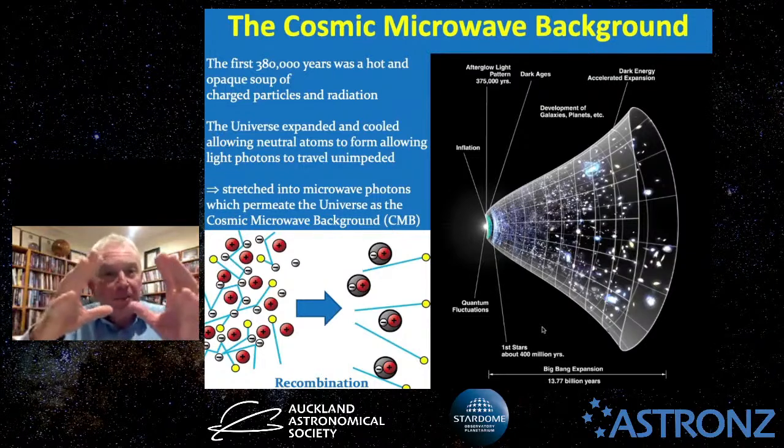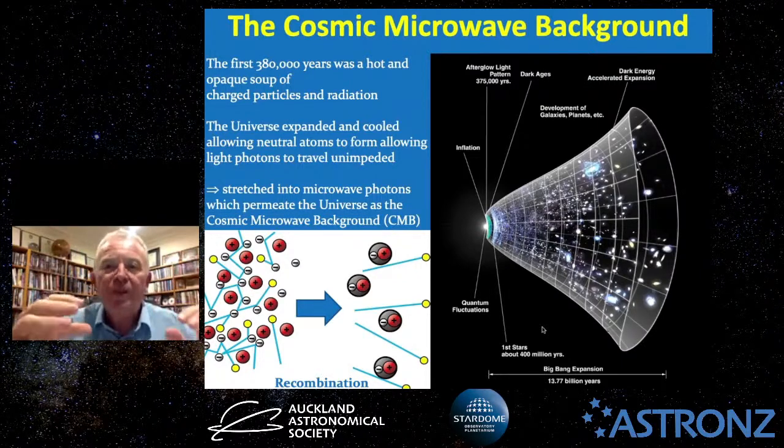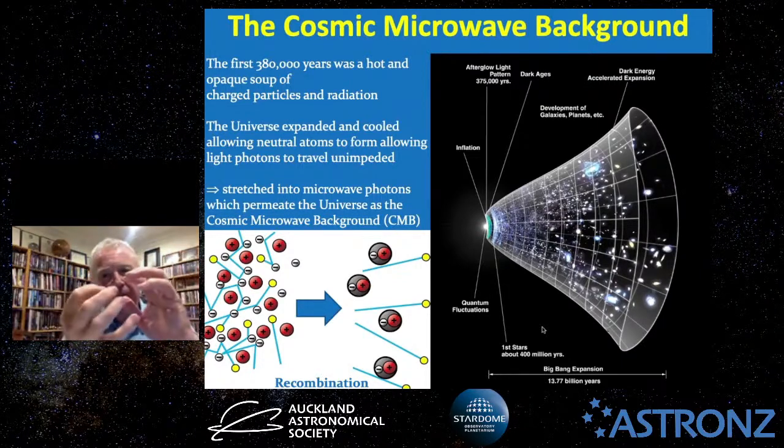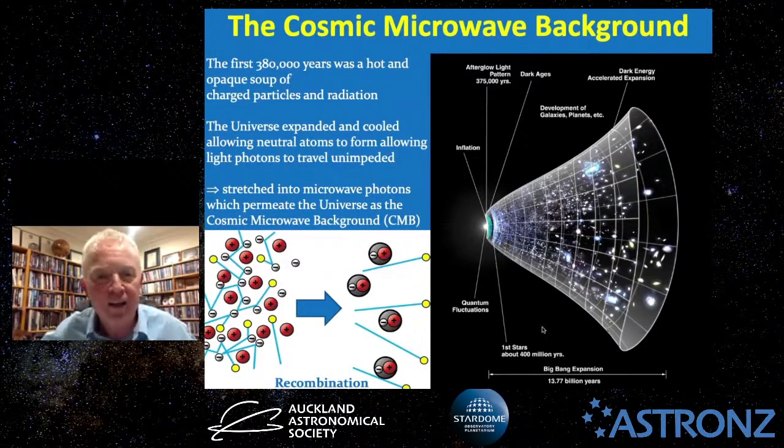Slowly the universe expanded over those 380,000 years, whereby the temperatures dropped and those electrons and positive protons were able to join up into neutral hydrogen atoms. And suddenly those photons of light were free to travel unimpeded through the universe. And to this day, we are bathing in them.